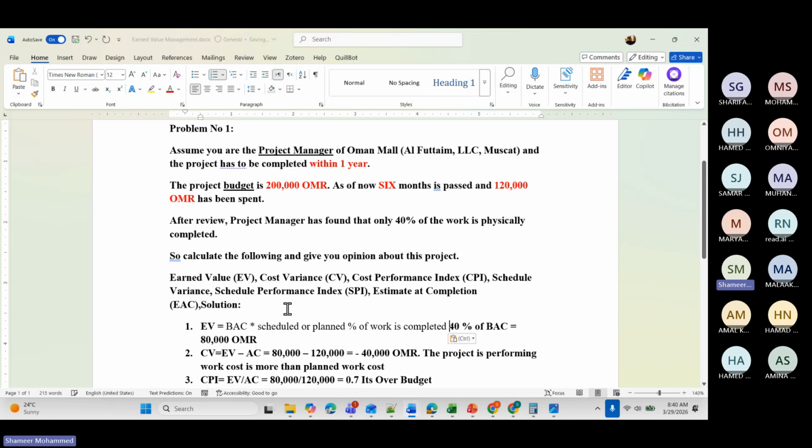First, you need to write the formula. Then you have to do the calculations.